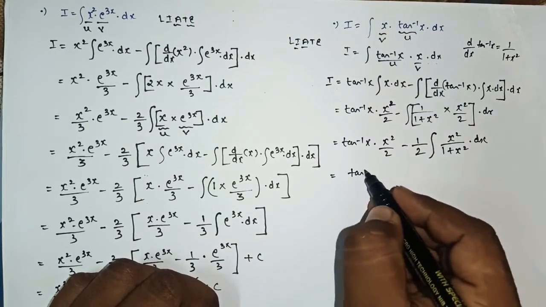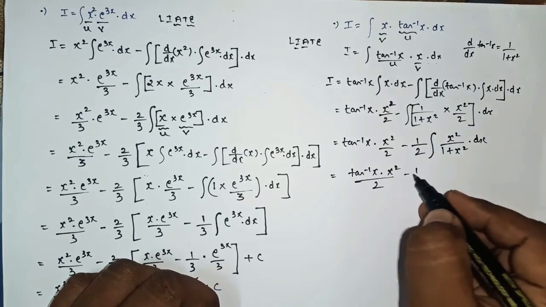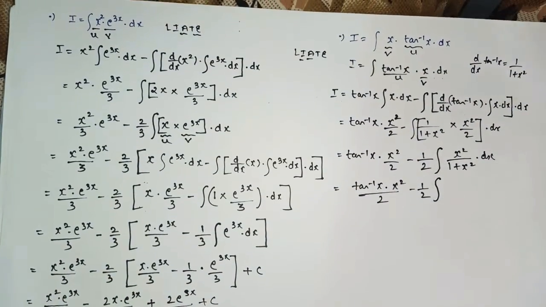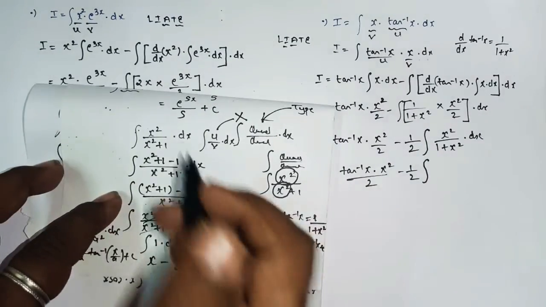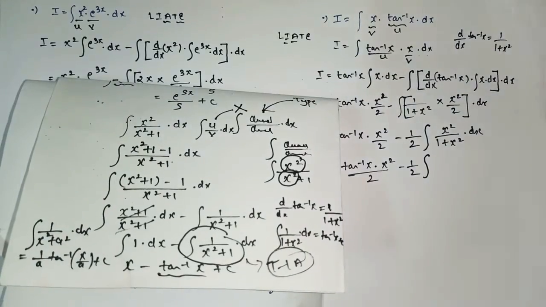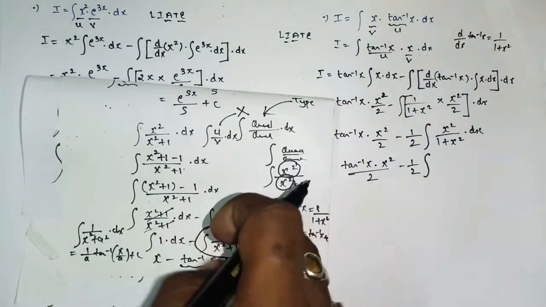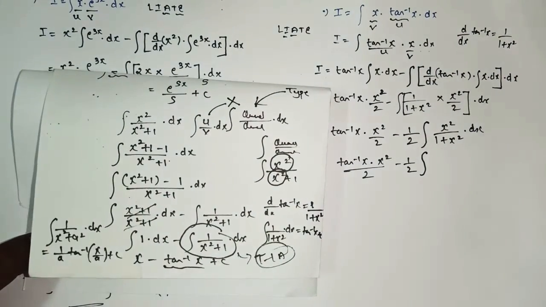So we'll keep this part as it is, yes or no, minus 1 by 2. Just now only I explained, whenever you come across quadratic upon quadratic form, there are 2-3 different methods, but I will suggest this is the simplest method in which you can find your answer further.